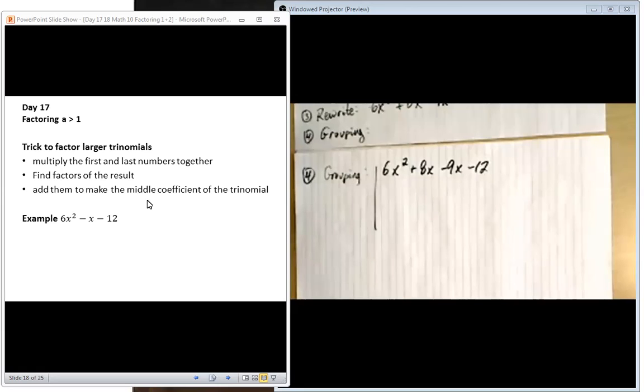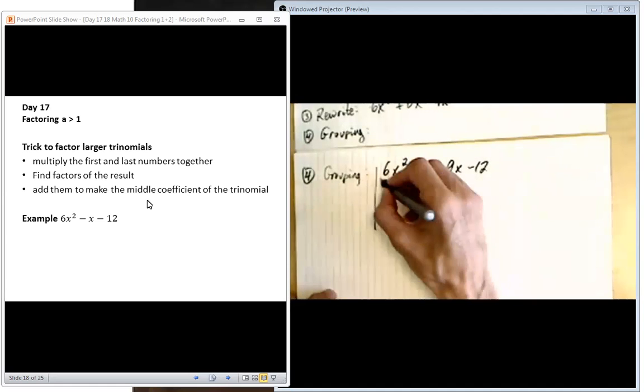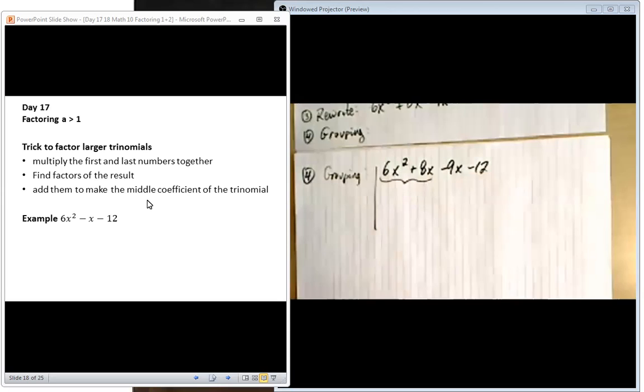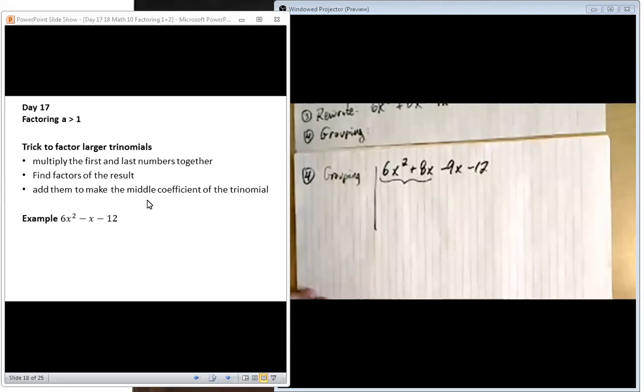I'm going to look at the first two terms only though. Okay, so for the GCF, what do we got? Is it 6 and 8? Two? Yeah.